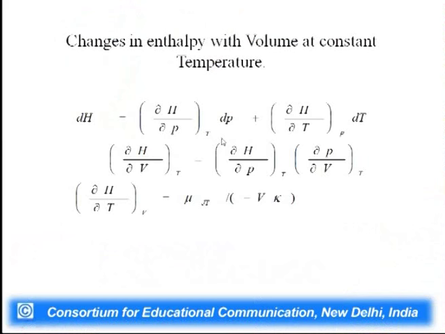So, we are left with only the first term, and in that case you can write (∂H/∂V) at constant T is equal to (∂H/∂P) at constant T multiplied by (∂P/∂V) at constant T. (∂P/∂V) at constant T is just the inverse of (∂V/∂P) at constant T, which is nothing but minus Vκ. So, (∂H/∂V) at constant T can be expressed as the isothermal Joule-Thomson coefficient divided by minus V into κ.